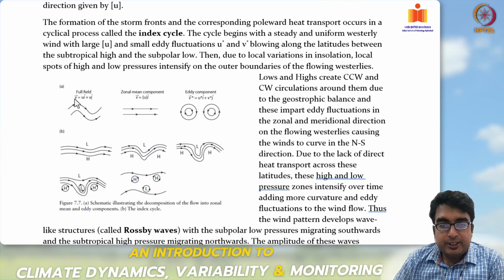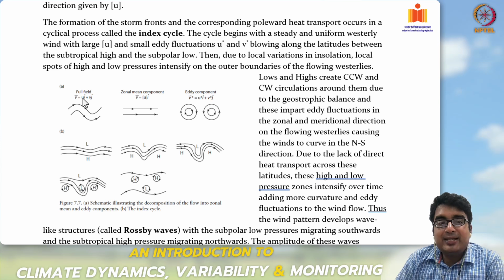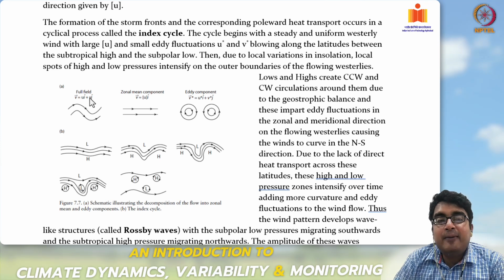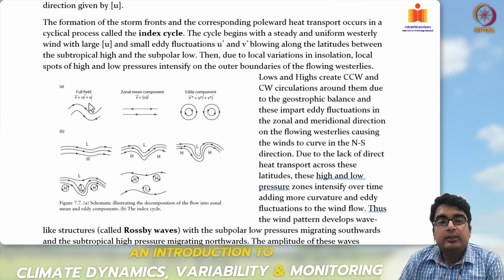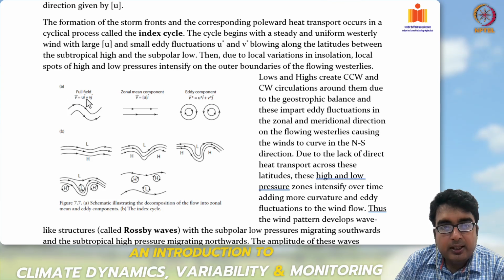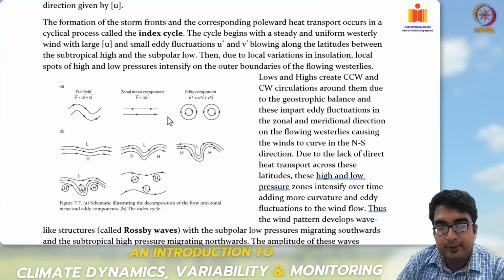The full velocity field is given by, say, this v vector, which has two components, the zonal velocity u and the meridional velocity v. Okay, so this is kind of the velocity contour. If you take the zonal mean of this velocity, the zonal mean of the meridional velocity v under brackets becomes 0. So the zonal mean component is just u under brackets, this term here.